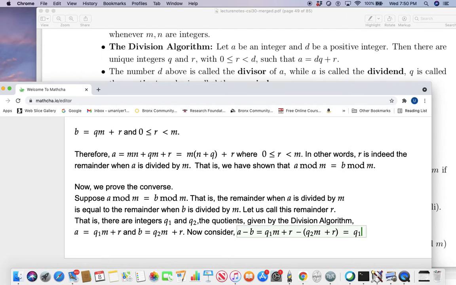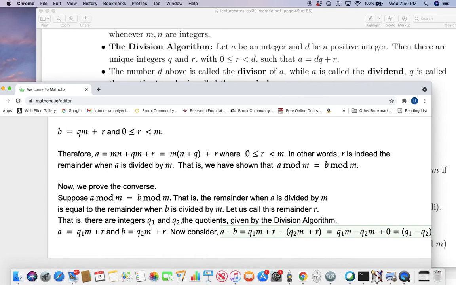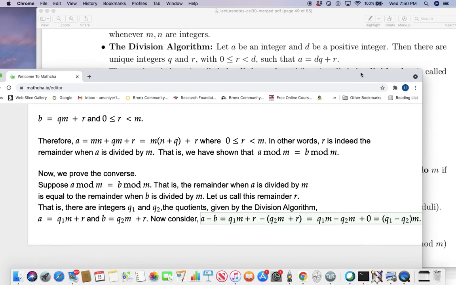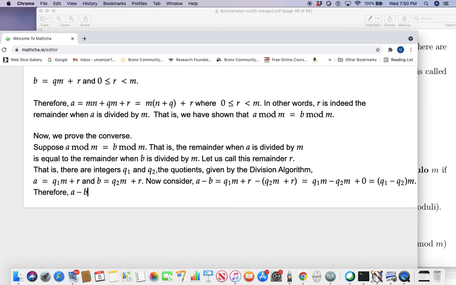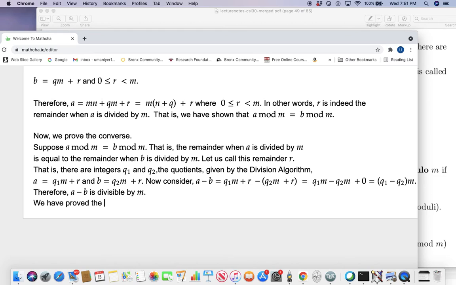So this is Q1M minus Q2M plus R minus R plus 0, which is equal to (Q1 minus Q2) times M. So you see, A minus B is divisible by M. That's it. We have proved the converse.